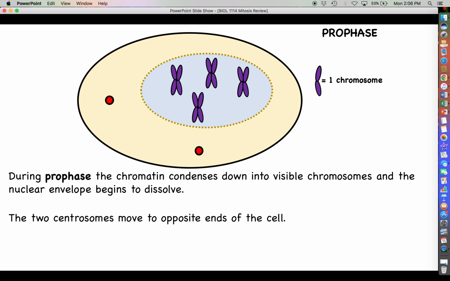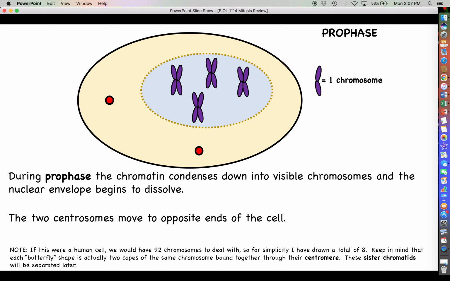We understand already that we have 2 centrosomes at this point because this is happening after S phase. The centrosomes are now each migrating to opposite ends, or opposite poles, of the cell. We want those centrosomes to be on opposite ends of the cell, and they are not going to do so until the next stage after prophase.